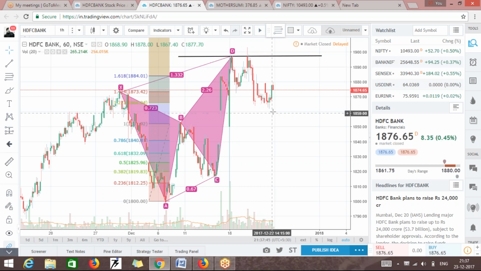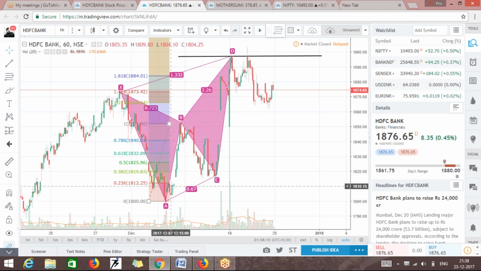This is why I showed this one, just because we need to see. One more thing, ideally for this CD, for confirmation, because this is most important. One more thing to tell is that point D should also, this one is the BC leg.